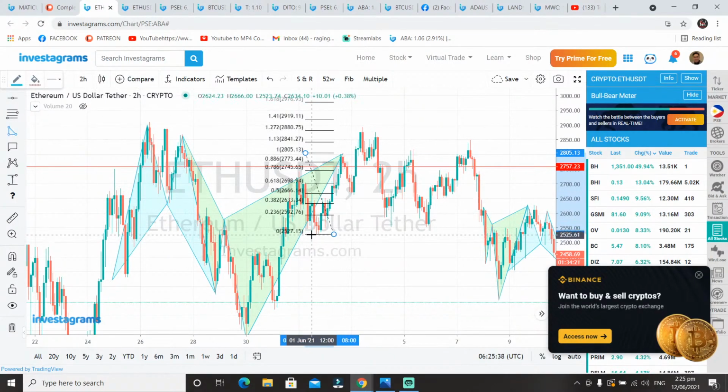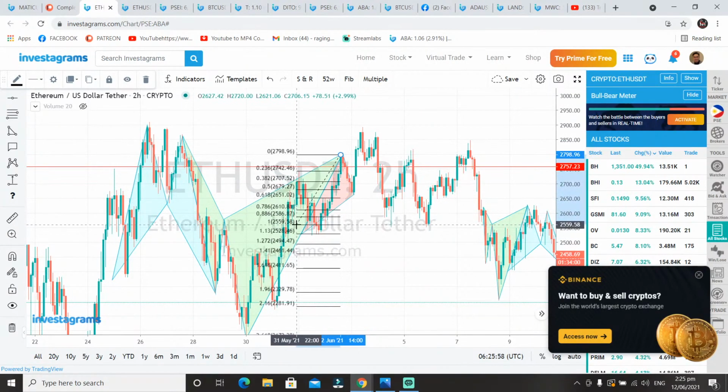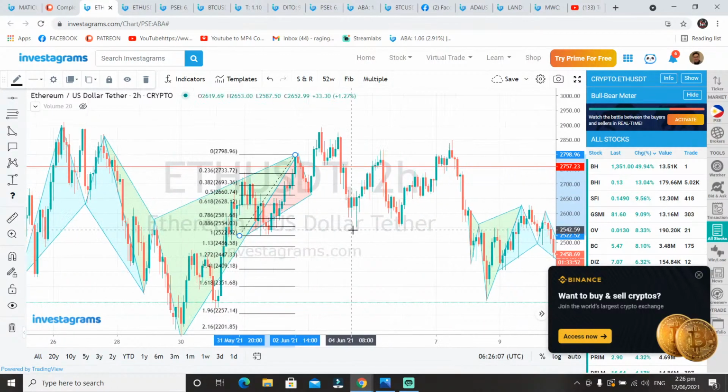Let's put this close to this side. Then X to A, then B at this point, which is definitely more than 38%. Just to be sure, I will also measure it, from this one down to this one. It's more than 38% but not more than 78%, so it's valid for our Cipher pattern.